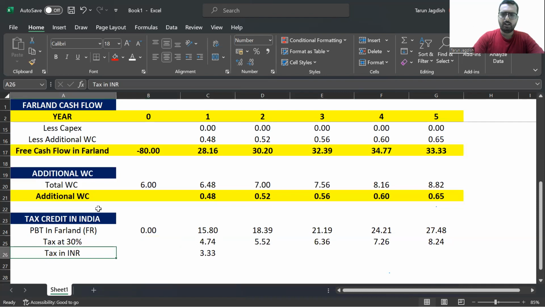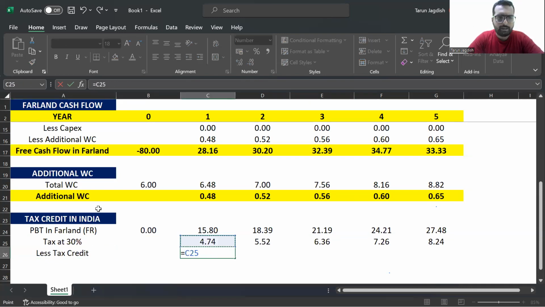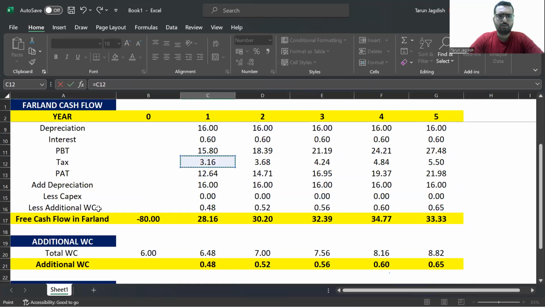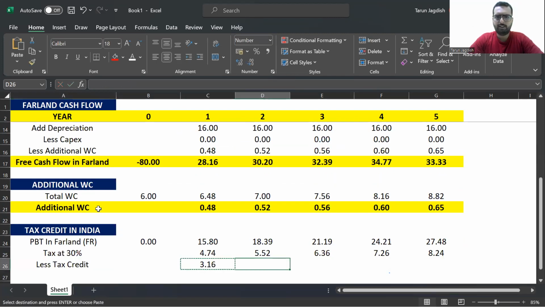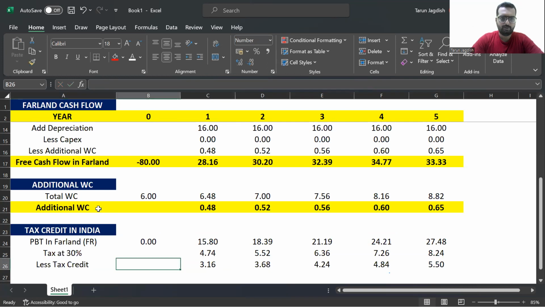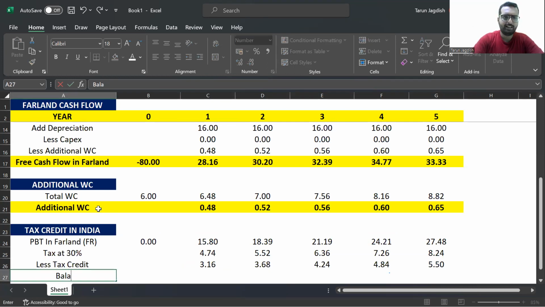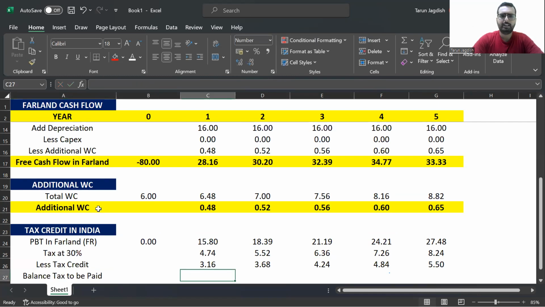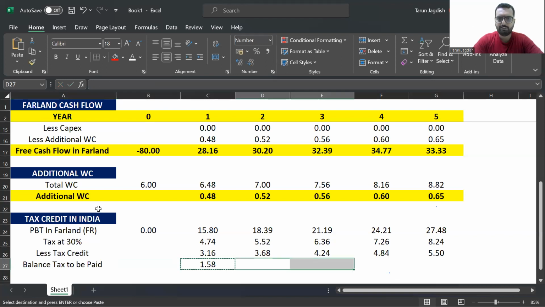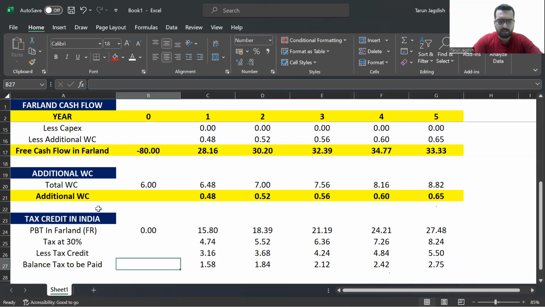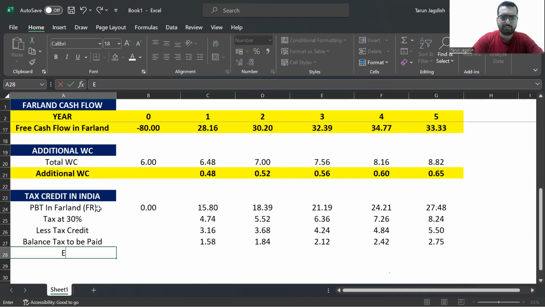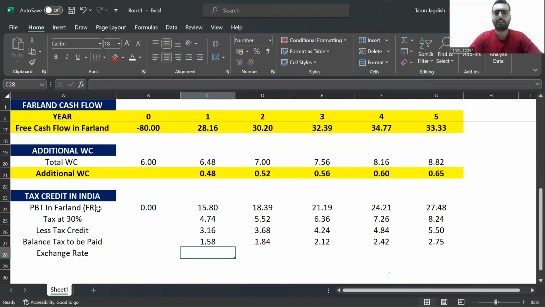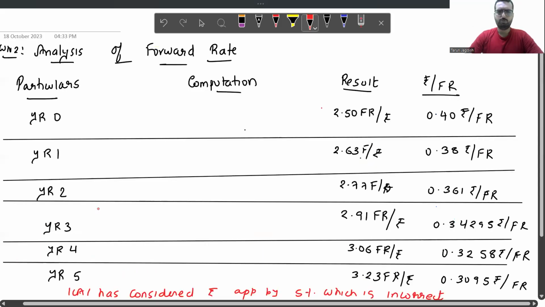But less I will get tax credit for whatever tax I have already paid. That will be 3.16, etc. So I'll write down balance tax to be paid in India. That will be this minus this. So I have to pay this much money extra in India. For this, I will use the exchange rate. So what was the exchange rate that we had over here? 2.63.